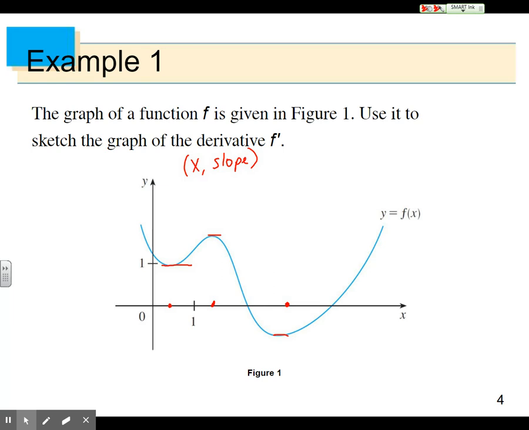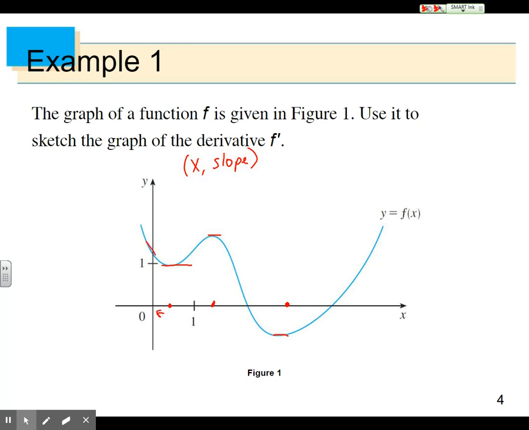And so my graph's going to wiggle around the axis a little bit. I'm more interested in where it's increasing and decreasing versus the upper and lower values of it. First up, I'm looking at all of these points to the left of this 0.